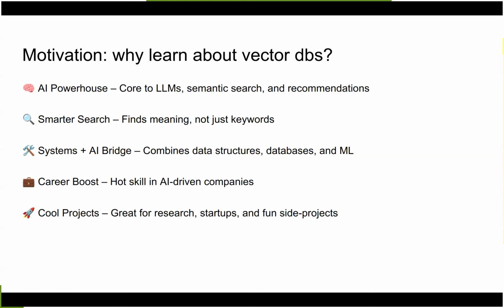It gives you the opportunity for a smarter search, as I told you. For people who are interested in systems, in database management systems, right now the most relevant research between AI and systems is in vector databases. I'm not saying it's necessarily a good thing, but vector databases right now are a very hot topic.